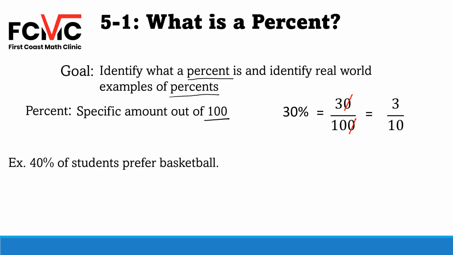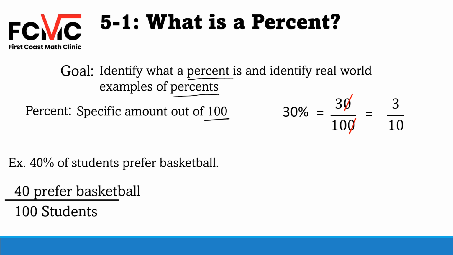Let's say that we've got 40% of students prefer basketball. So what does that look like? As our ratio, that means that we've got 100 students total, and out of 100 students, 40 of them prefer basketball. So if we wanted to reduce that, we know that we can cancel out a 0 and a 0.